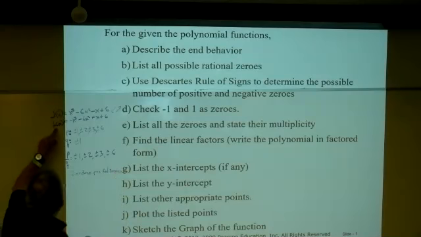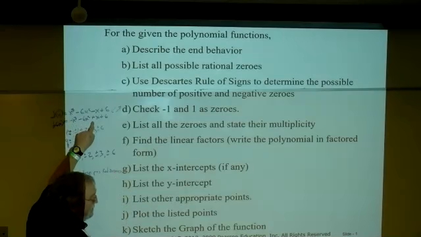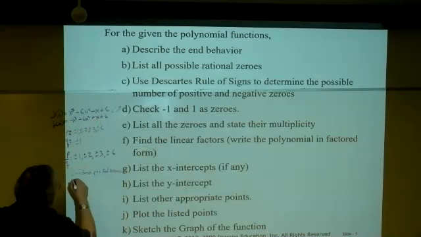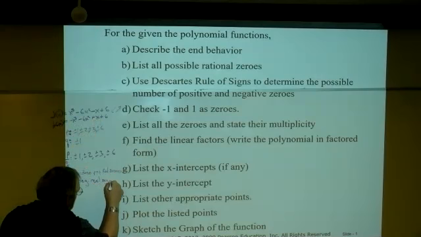And for f of negative x, it's negative, stayed negative, became positive, stayed plus. So there's only one sign change. So there is one negative real zero.